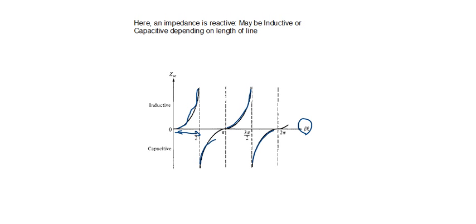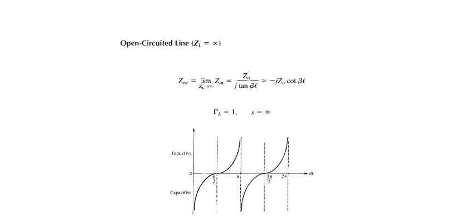In the same way we can consider the open circuit line on which ZL is equal to infinity, so nothing is connected. At that time Zin is equal to ZOC, when ZL tends to infinity.